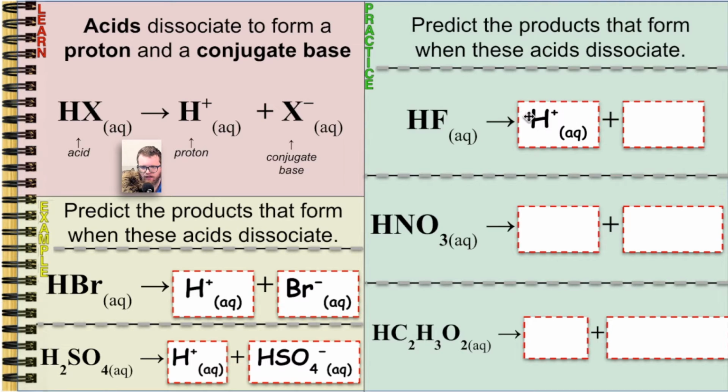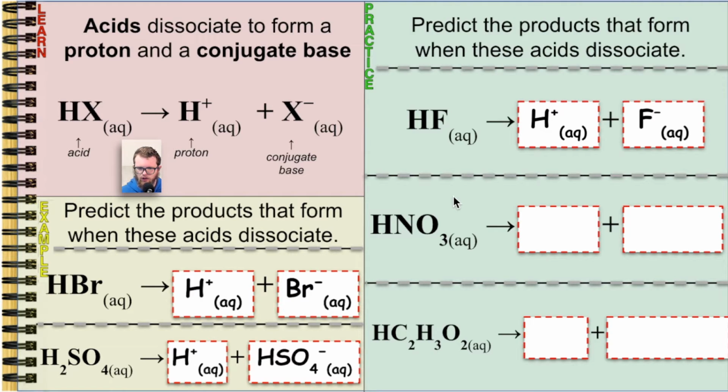And then, after the H plus falls off, what's going to be left from the acid? Well, the only thing left is going to be an F for fluoride. Because this positive thing fell off, it has to be negative, and it's in solution, so it's going to be aqueous. And remember, aqueous needs to be subscript, and the charge needs to be superscript, like that.